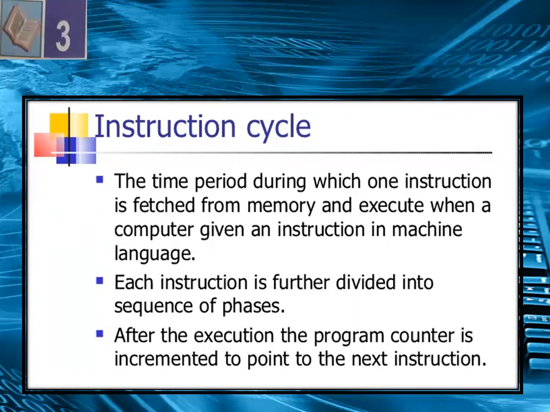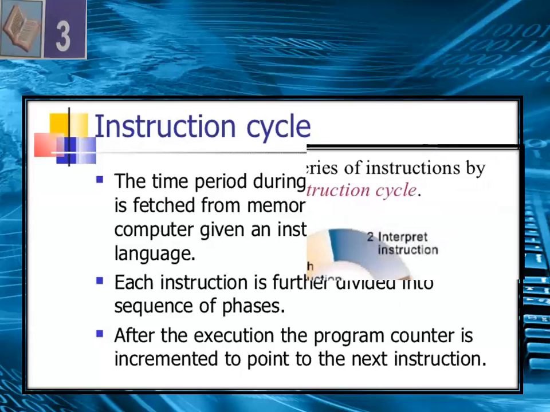After the execution, the program counter is incremented to point to the next instruction. The instruction cycle is the basic operation cycle of a computer to execute various instructions. It is the process by which a computer retrieves an instruction from its memory, determines what action the instruction requires, and carries out those actions.